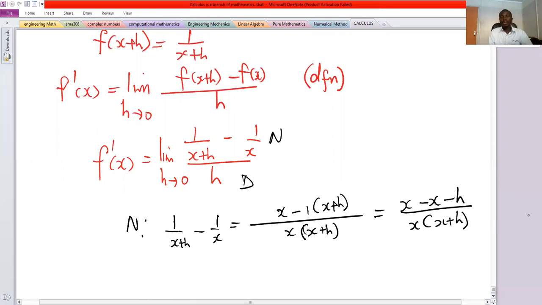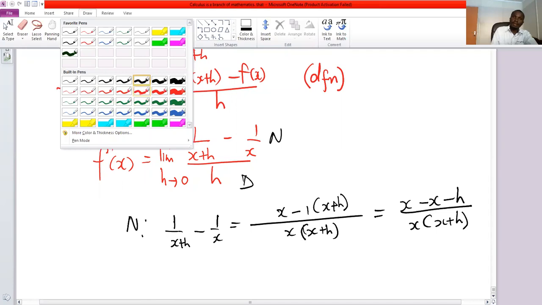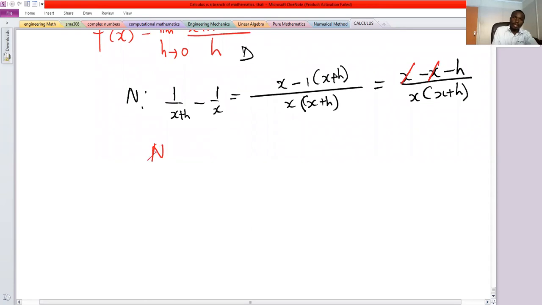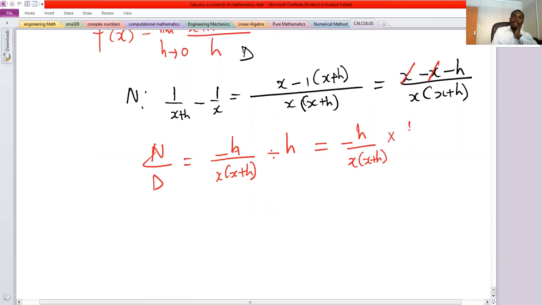You don't have to simplify or open the bracket in the denominator. By that, we say this x and minus x cancel out. So numerator over denominator will be negative h over x into x plus h. And this is then divided by h, which is the same as minus h over x into x plus h times the reciprocal.